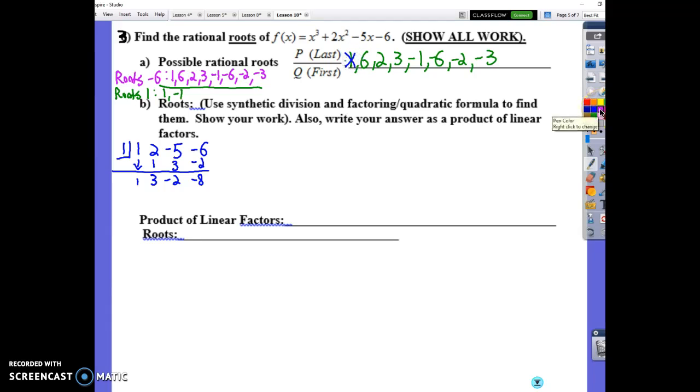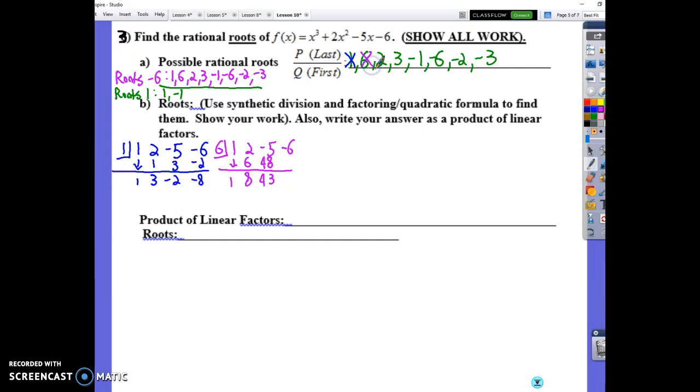So now let's try another one. Let's just go to 6. So put a 6 in the box. We've got 1, 2, negative 5, negative 6. Bring down that 1. That's 6. That's 8. That is 48. Add those. It's going to be 43 times 6. That's not going to give us 0. If we multiply 43 by 6 and then add the negative 6, it's not going to give us 0.